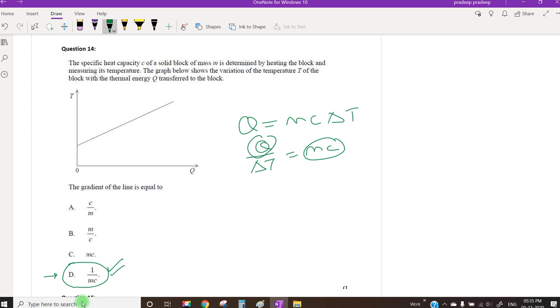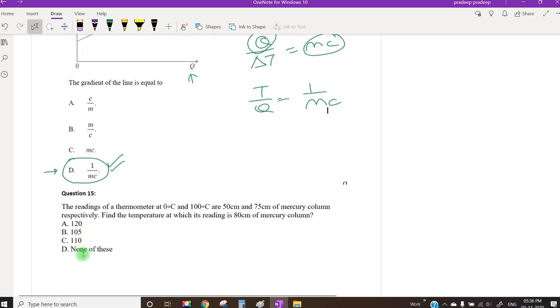But in the figure on your screens, the temperature is on the x-axis and Q is on the y-axis. So the slope for this particular graph is actually delta T by Q and not Q by delta T. So this will be 1 by MC. Did you get this, Sheldon? Yes, now I've gotten it. Right. So D is the answer to this.